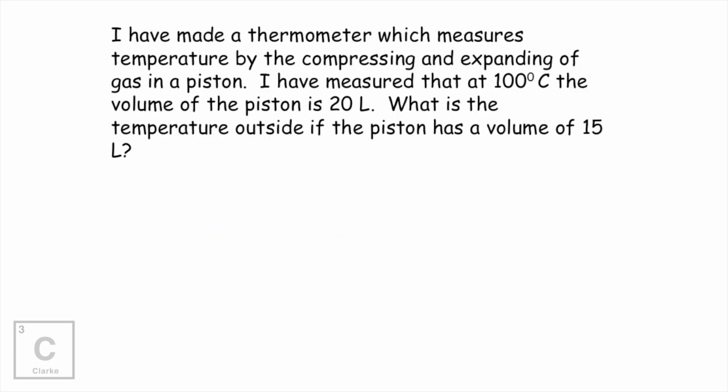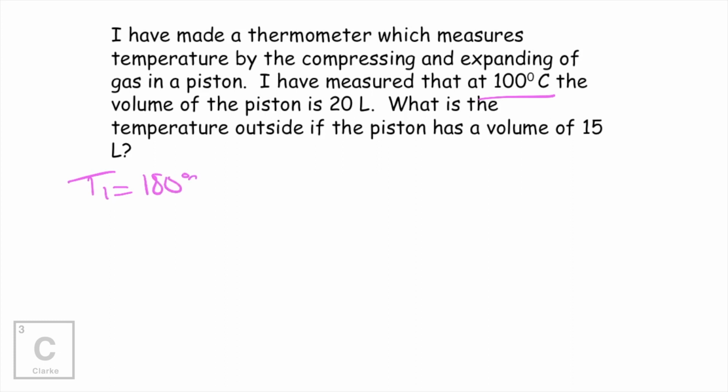Okay, let's do one last example. I have made a thermometer which measures temperature by the compressing and expanding of gas in a piston. I have measured that at 100 degrees Celsius, the volume of the piston is 20 liters. What is the temperature outside if the piston has a volume of 15 liters? Let's go through and identify all of our numbers. Our first number, we get a temperature, T1.